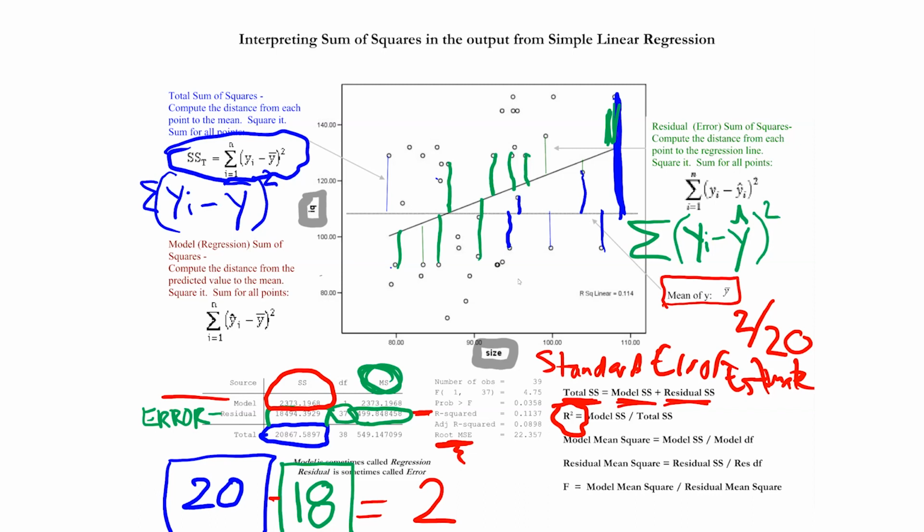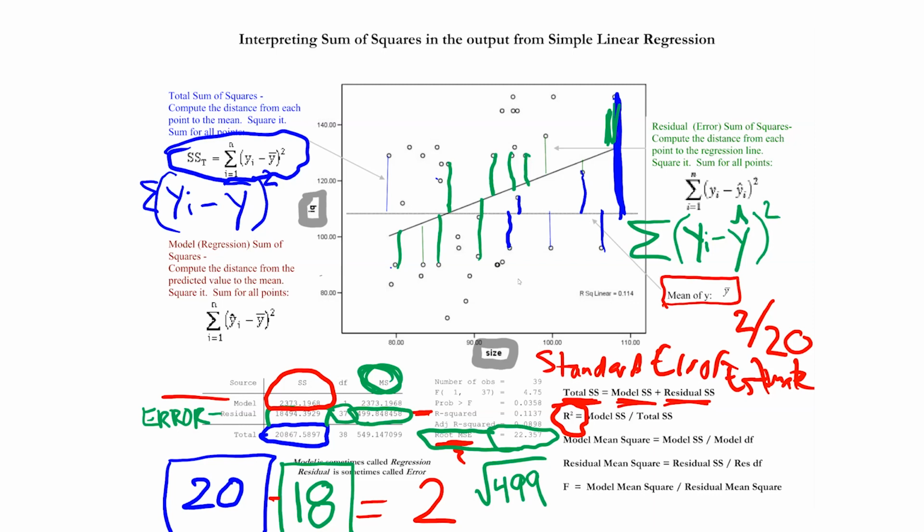But remember, we squared all of these. So that's why we take the root of that mean square error. So it's something like the square root of 499, and that number is right here. And this number answers, on the average, how far are the points from the line? Or what is the standard deviation around the regression line?